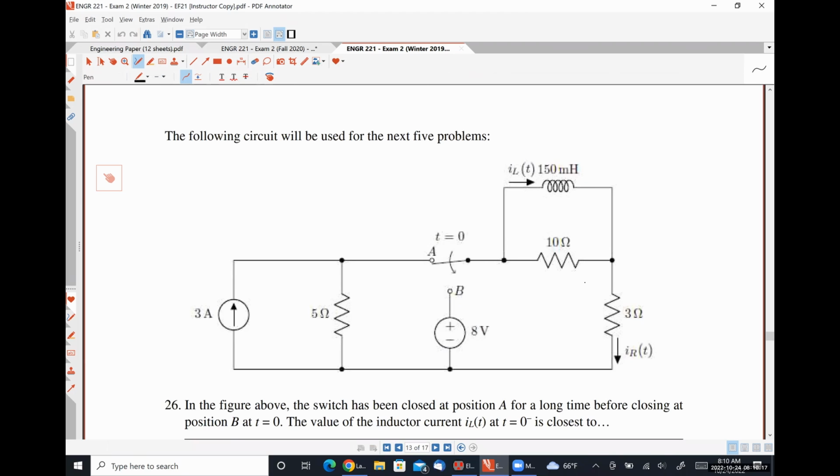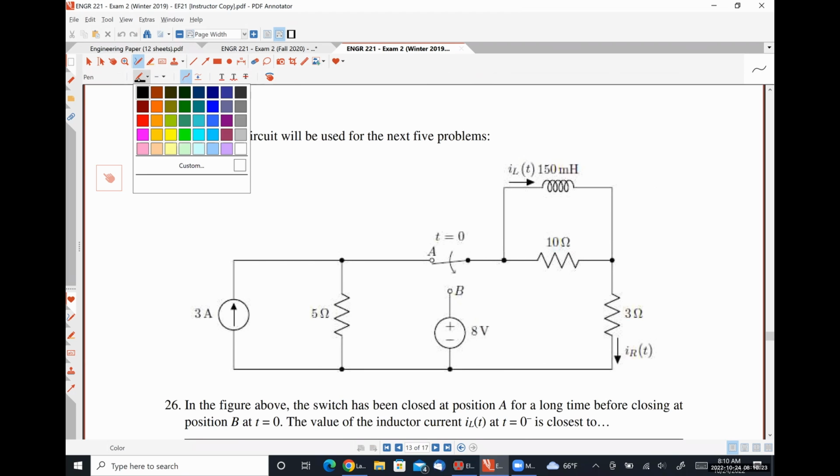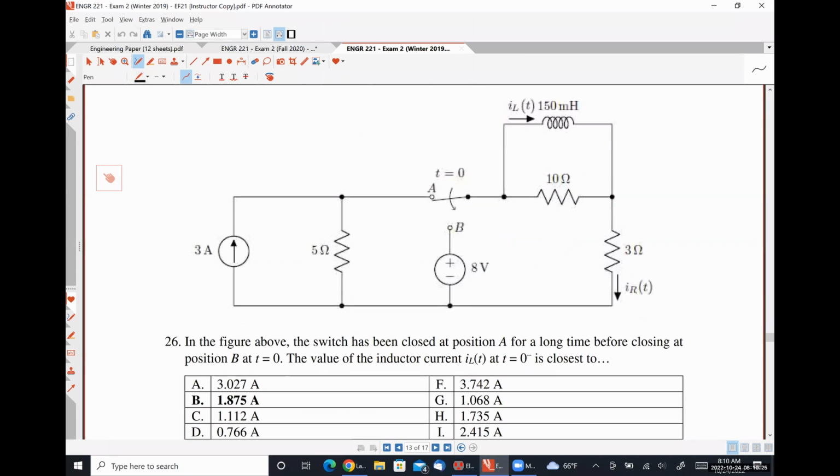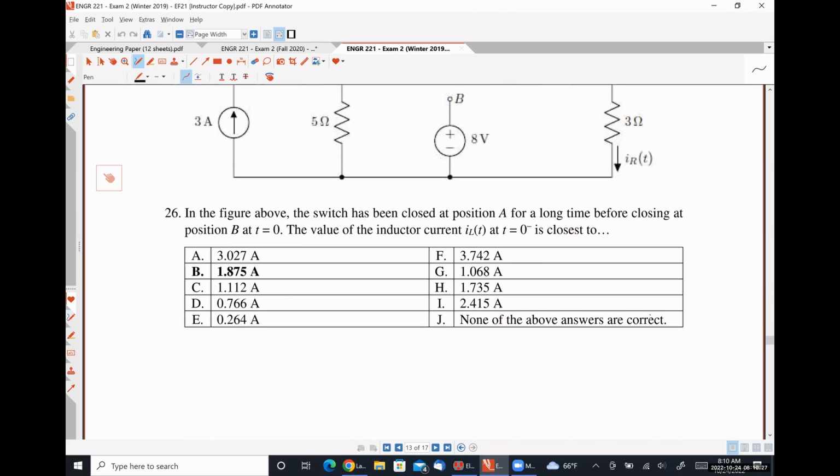So problem 30 is the only part of this that you aren't able to do. So let's glean some information here then. So IL at 0 minus has to be equal to IL at 0 plus was 1.875 amps, which you didn't have a problem with.